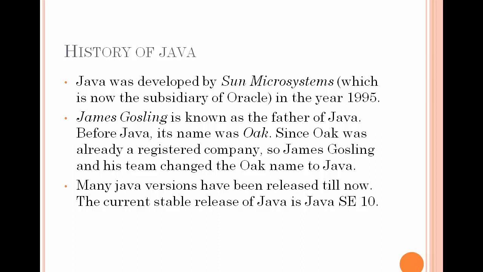But in 1995, Oak was renamed Java because the name was already registered by a company named Oak Technologies. So James Gosling and his team changed the Oak name to Java. But why did they choose the Java name?